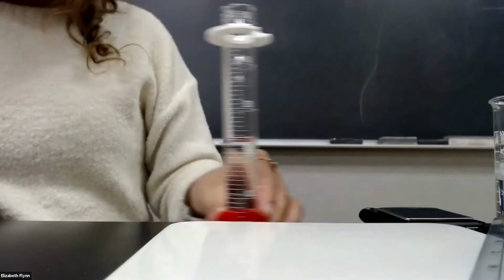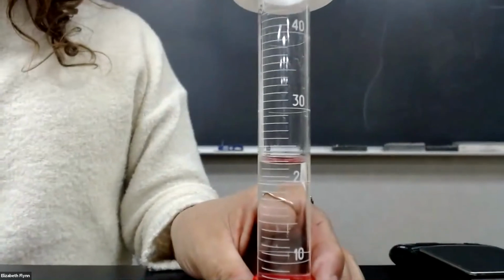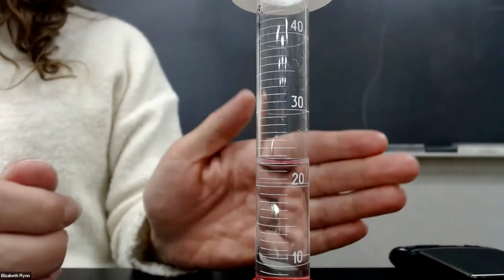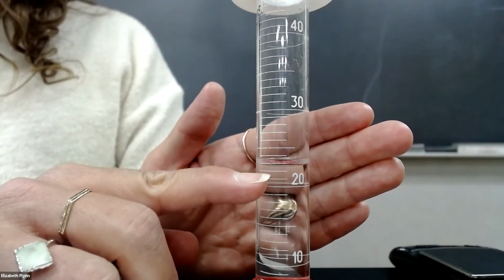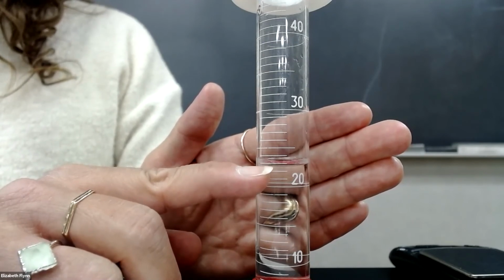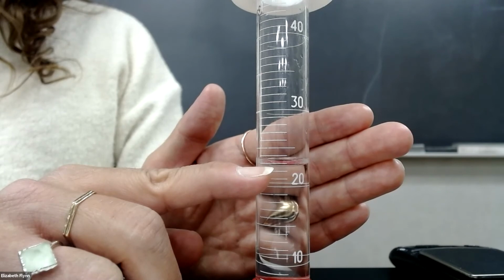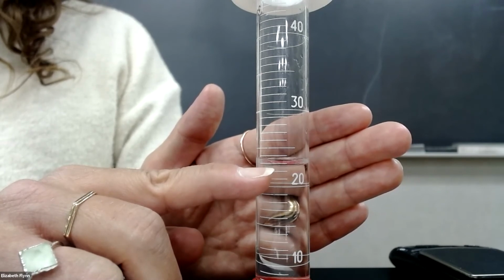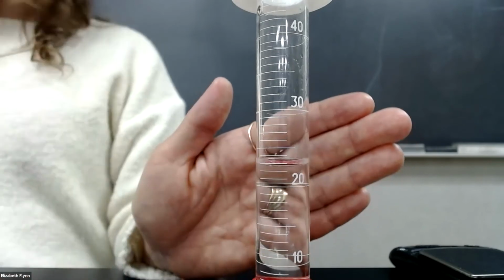Let's make sure that we record the volume precisely. The bottom of that meniscus, we know that it's at least 20, 21, 22. So in between the lines, what do we think? 22 point what? We just kind of imagine that that would be 22.5 in half. So maybe 22.7? What do you think? 22.7 milliliters works for me.